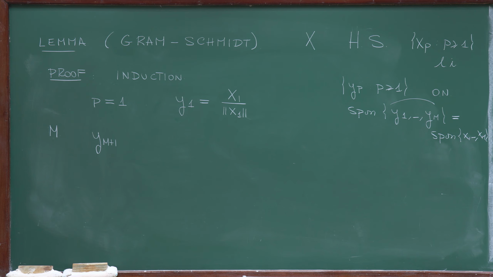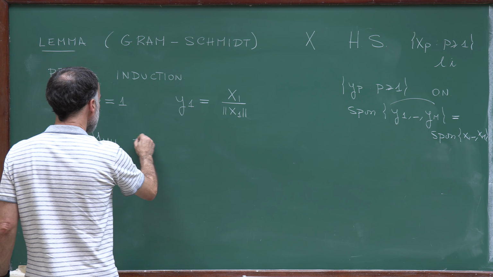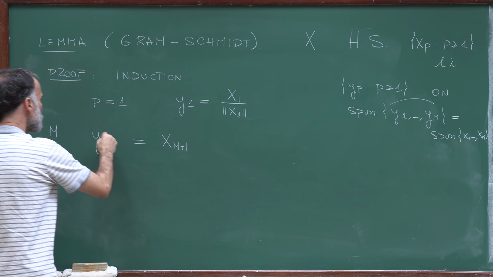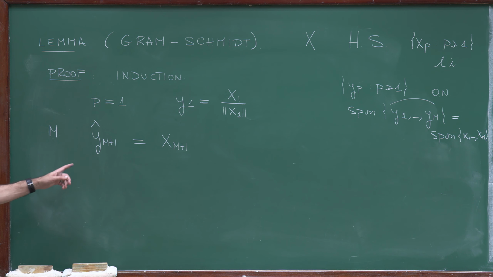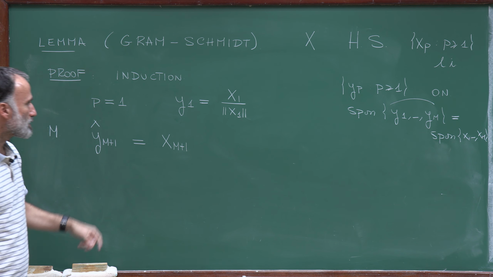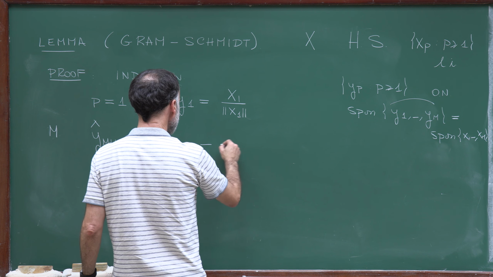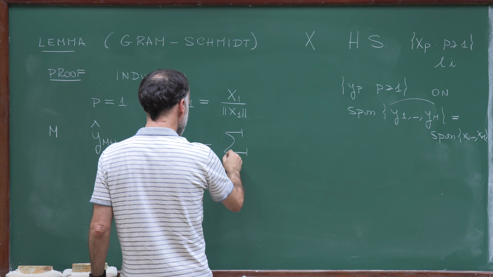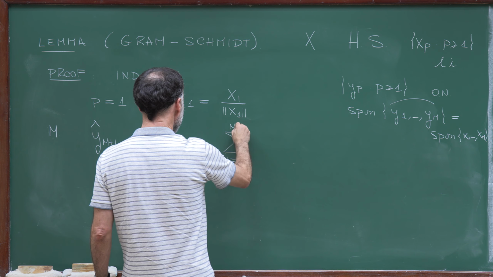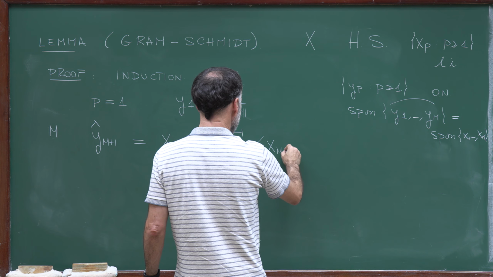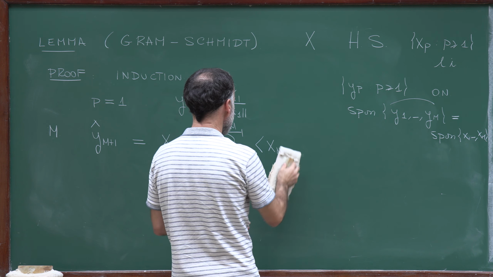So y_{m+1} will be equal to x_{m+1}. Let me put a hat because then after that I will have to normalize this vector. So let me define y_{m+1} hat as x_{m+1} minus the sum from j=1 up to m of the scalar product of x_{m+1} with y_j, times y_j.